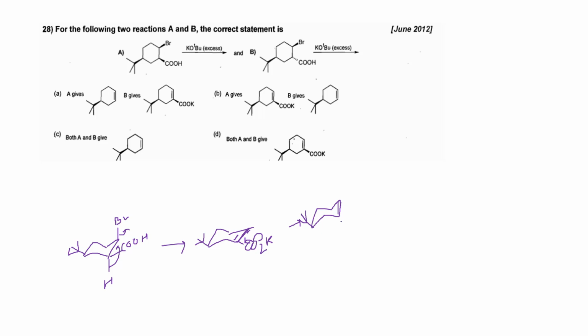So we are getting this from A; that is clear. Now you have to determine what we will get from B. So what is the difference in case of B? This acid group is below the plane.